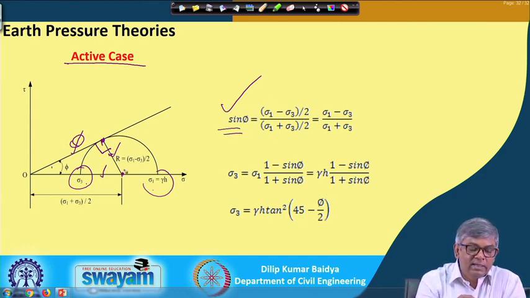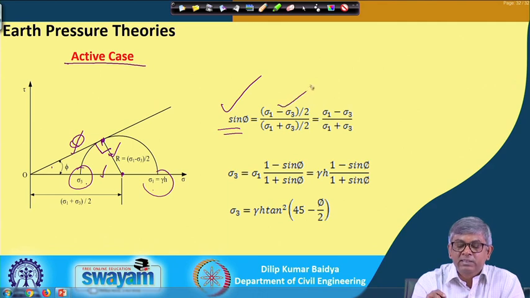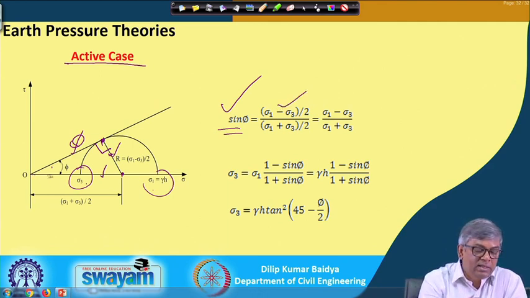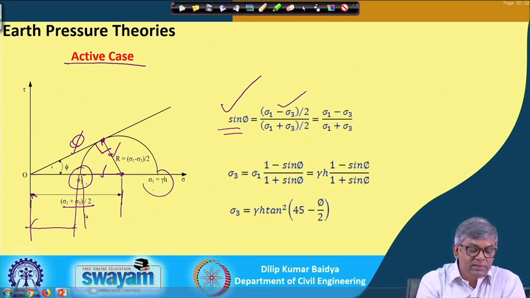This is the radius, which is sigma 1 minus sigma 3 by 2, and this portion from here to here is sigma 1 plus sigma 3 by 2.